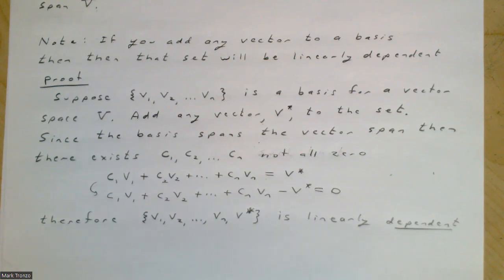So in many ways, then, as I mentioned, the way the basis is defined is kind of the ideal spanning set. It spans the space, but doesn't have any extra vectors.